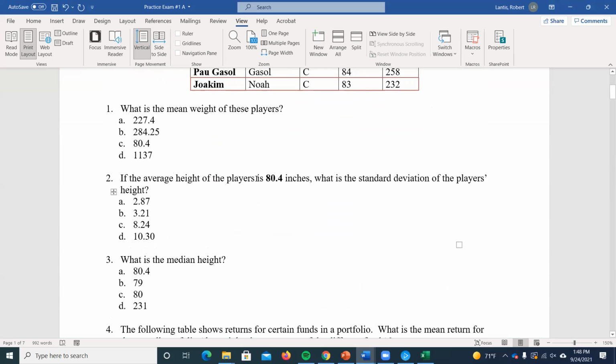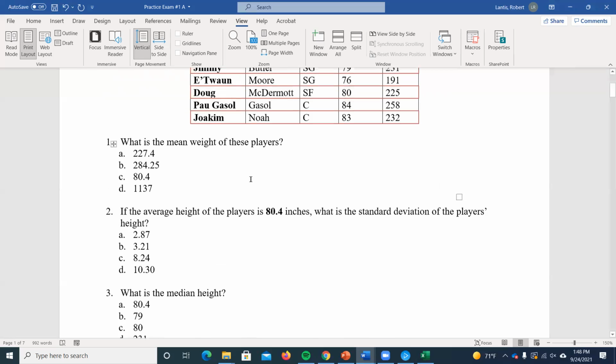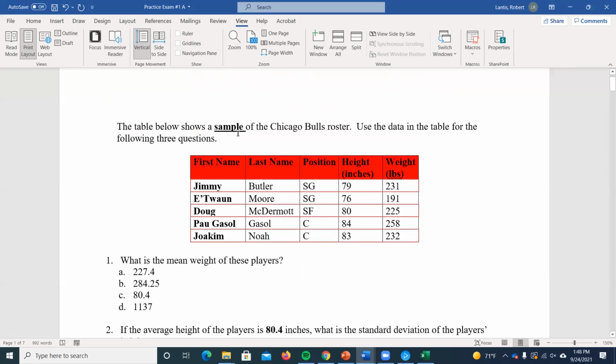I think most often I'll give you sample data, so usually we'll have to be doing that n minus 1. But notice how in this exam, I told you, this is sample data, bold and underlined, right? So you know that if I'm calculating variances and standard deviations here, they're going to be sample variances and sample standard deviations. And I try to do things like that when there's bold and highlighted things that are important.